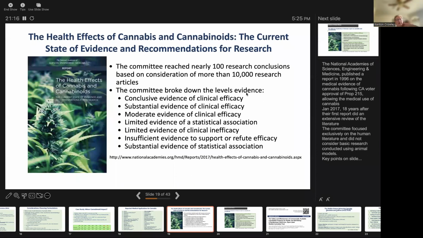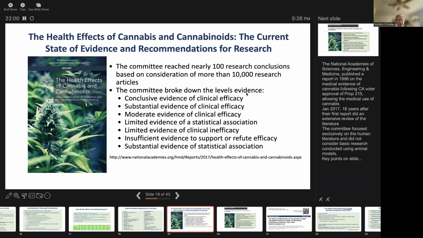So if you've done any reading in the cannabis space, the National Academies of Science, Engineering, and Medicine published their first report in 1996 on the medical evidence of cannabis following California voter approval of Prop 215, allowing the medical use of cannabis. In January of 2017, 18 years later, they did an extensive review of the literature and focused only on human literature and did not include other basic research.